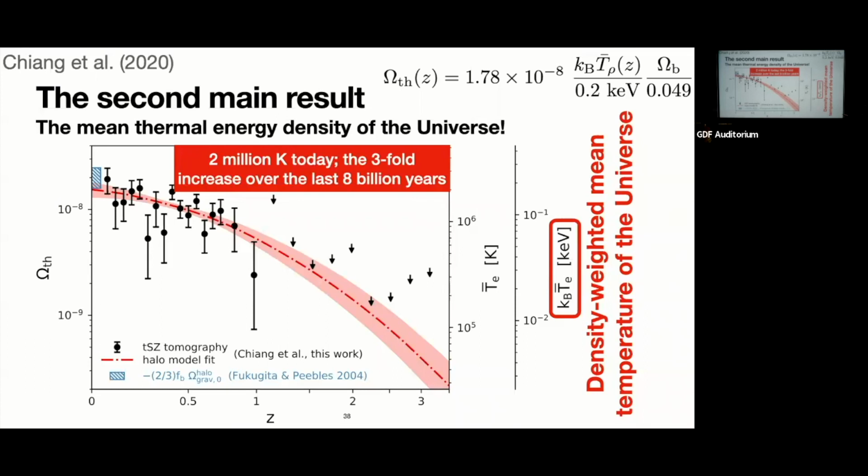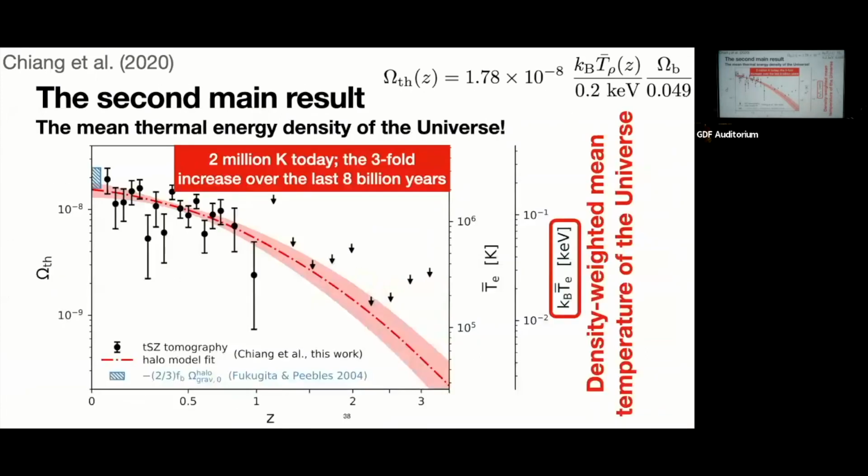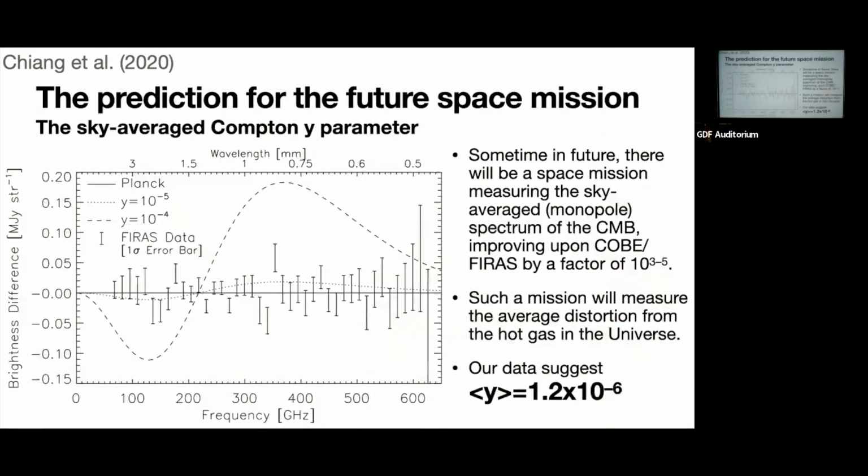All right. And if we know the mean temperature of the universe, we can also calculate how the CMB black body is modified if you average over the full sky. We all hear that the CMB is a black body.